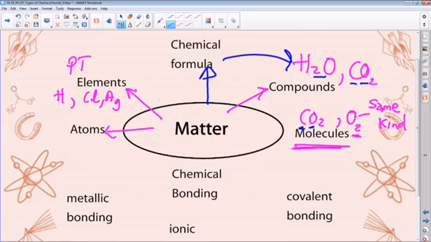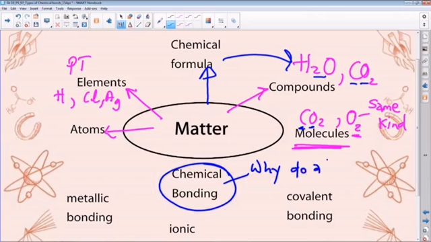As a result, we know that carbon and oxygen, when they bond, give us carbon dioxide, which comes from the constituent elements. And then it brings us to the three types of chemical bonding. The big question that we shall focus on today is, why do elements bond? Why do atoms of elements bond? By the end of today's session, we need to be in a position to explain why bonding takes place.